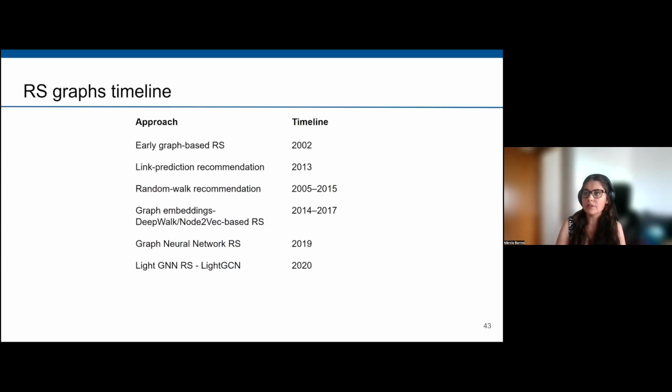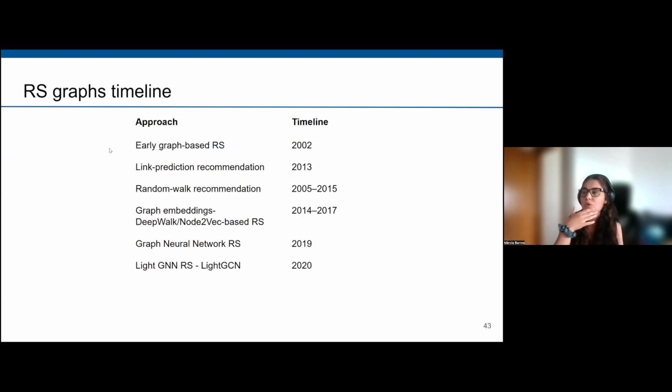This is kind of a timeline of the use of graphs in recommender systems. The topic is actually not new, okay? One of the first papers about using graphs in recommender systems is from 2002, sorry.